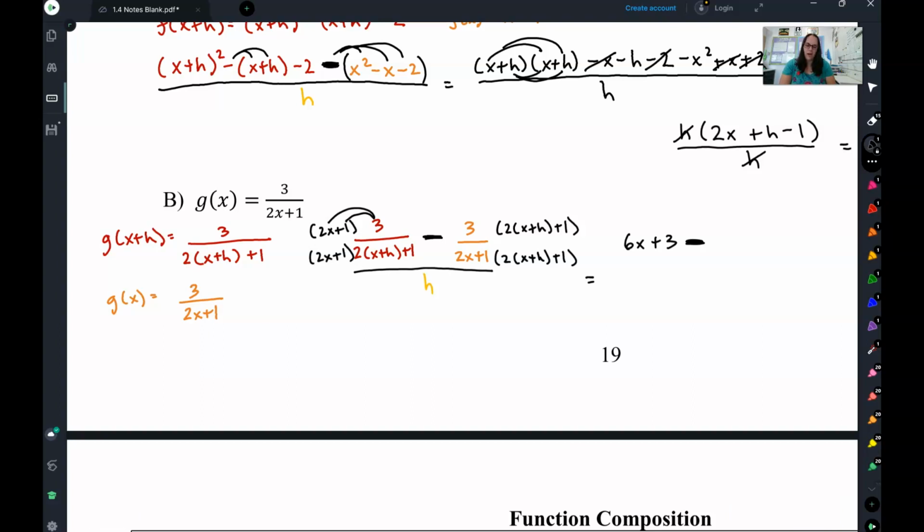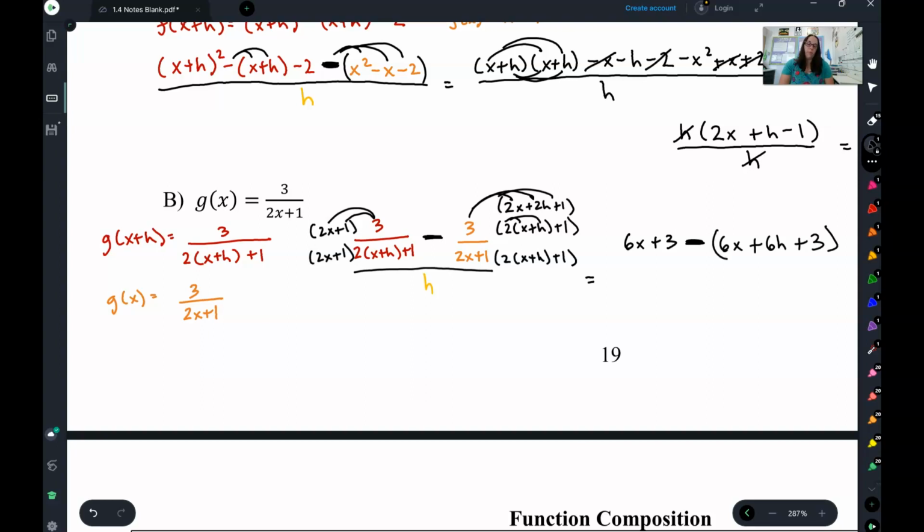But this is kind of a lot happening, so I'm going to distribute this one first. So that's 2x plus 2h, and then my plus 1. Now I'm going to distribute the 3 in. So 3x, 3 times 2x is 6x plus 6h plus 3.